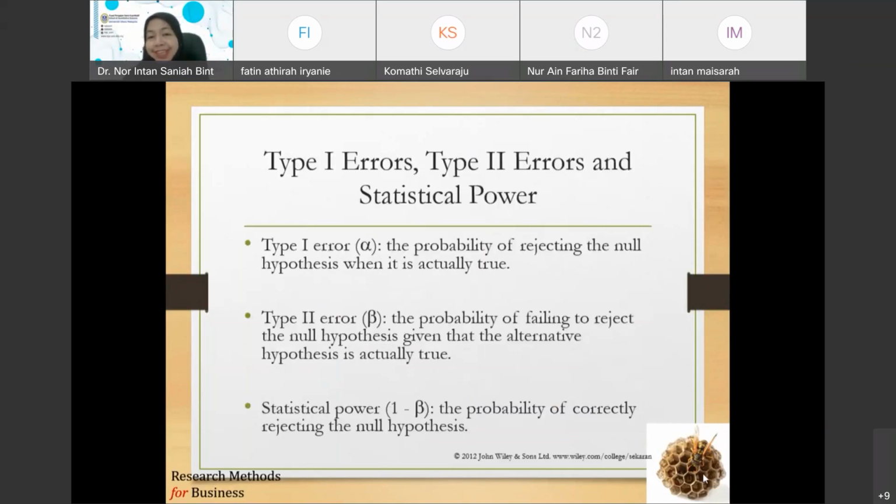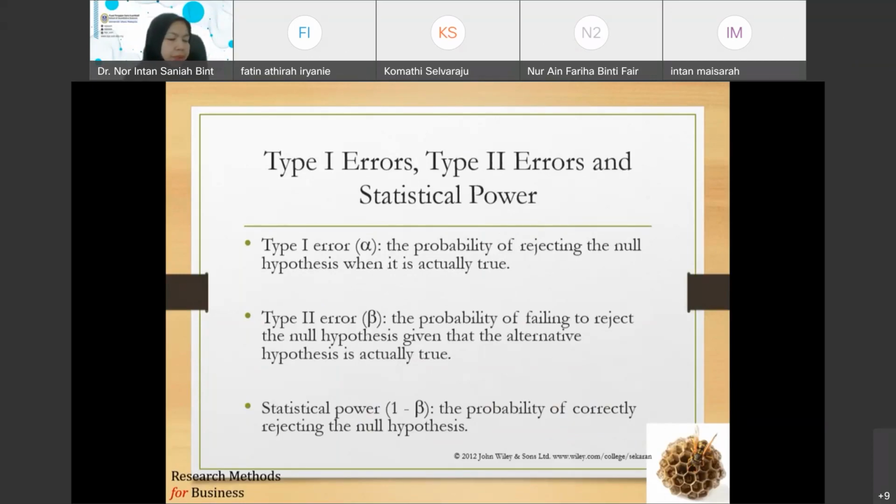about hypothesis testing, we need to develop the hypothesis questions, right? We can have type 1, type 2, or statistical power. Normally type 1 is referred to as alpha, the symbol alpha here.